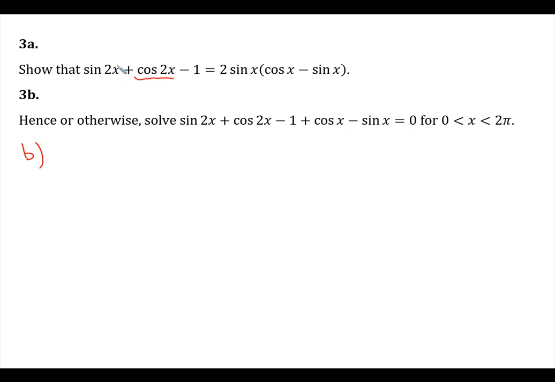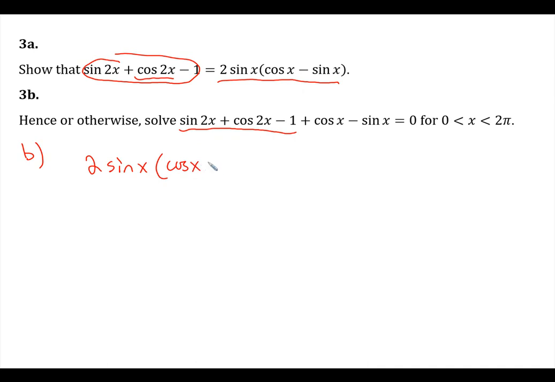Okay, so we know that this right here is equivalent to this, so basically we can substitute that. Instead of writing this right here, I'm going to write this instead. So I have 2 sine x, parentheses, cosine x minus sine x, plus cosine x minus sine x is equal to 0.